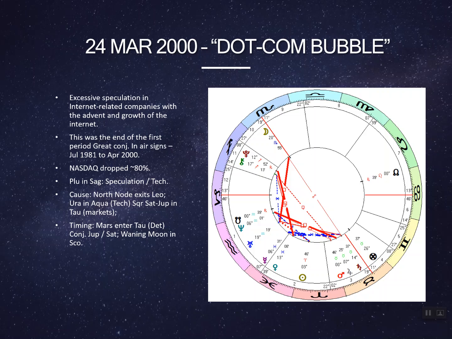There was a lot of promise and hope that these companies would generate a lot of money, and around the 24th of March 2000, the markets crashed, especially technology companies around the globe. The Nasdaq is the best index to look at, and it lost about 80% of its value as a result of that crash.